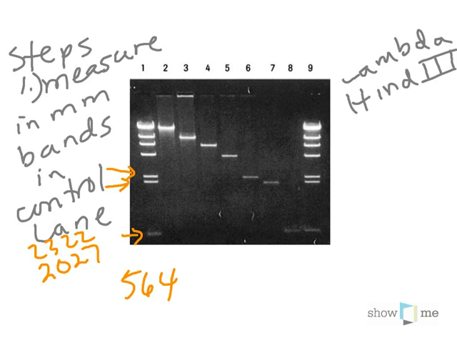Now, if you're going to try to estimate a band size, let's just say you wanted to figure out how big that band was. You have bands ranging from 2027 down to 564.